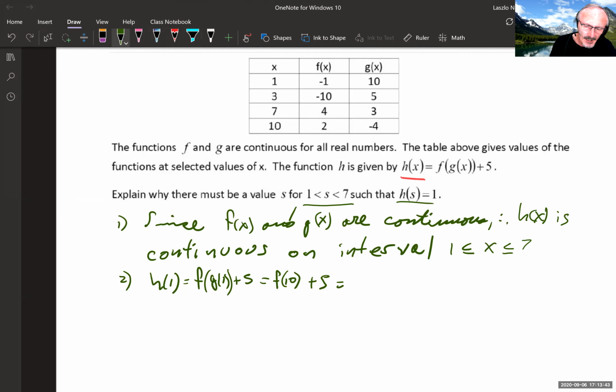And f of 10 is given to us right here as 2. So we have 2 plus 5, which is 7. Well, 7 ends up being bigger than 1. And remember, we are seeking this quantity here.